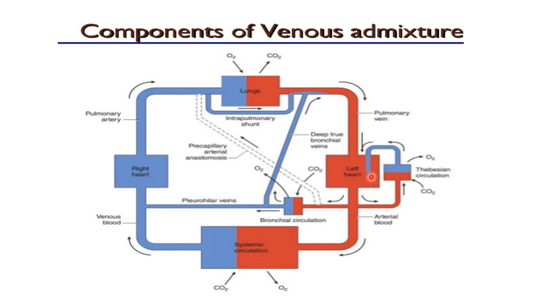As a consequence of the input of these vessels, the blood from the left heart that comes into the aorta is less oxygenated than the blood that was coming from the pulmonary capillary.